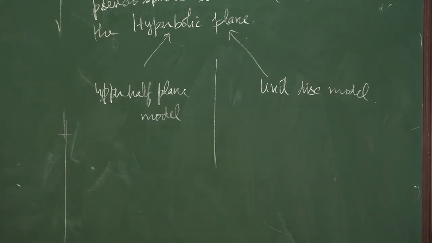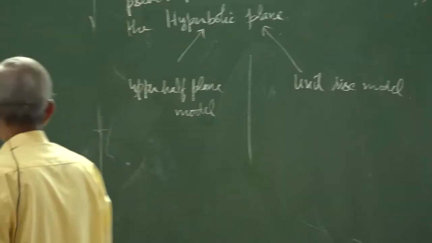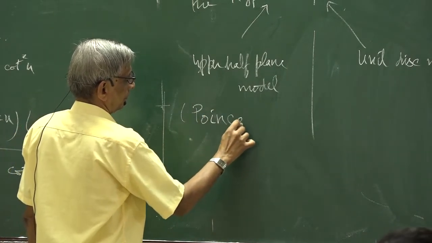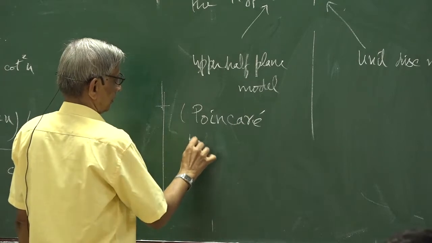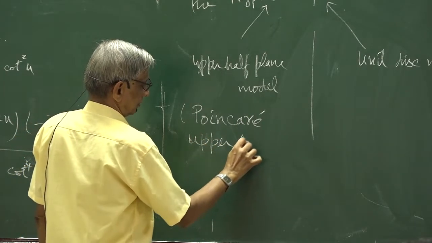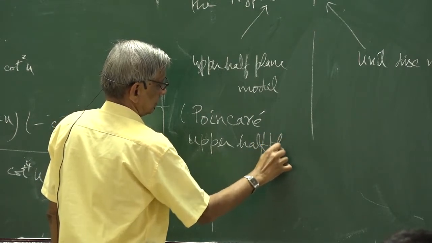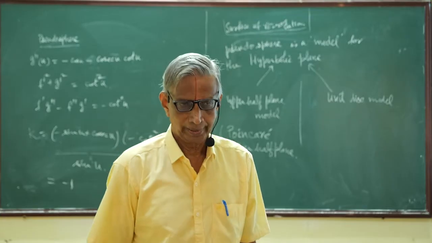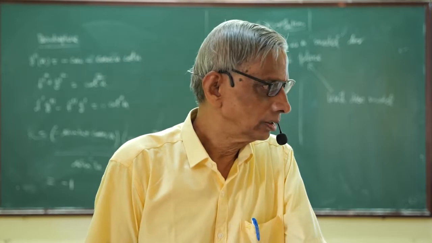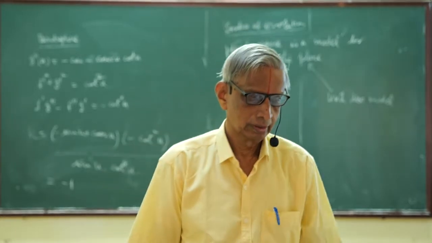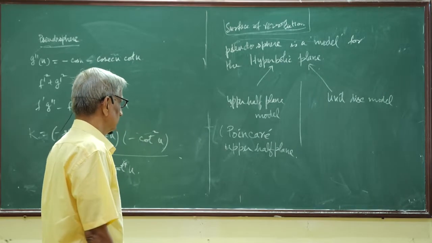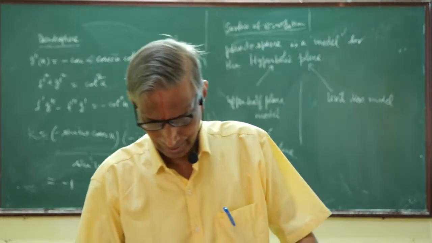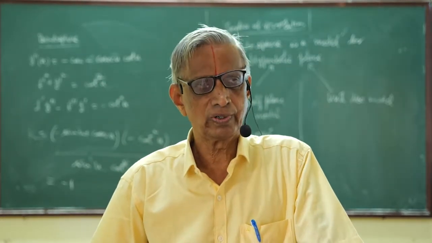And this is the open unit disk. This is usually called the Poincare upper half plane. Probably the metric in the unit disk case was also many times referred to as the Poincare metric.